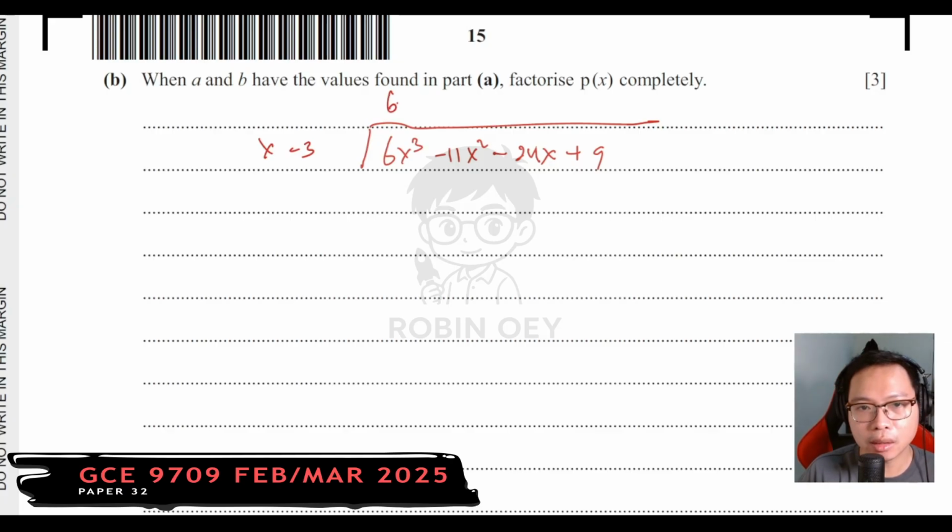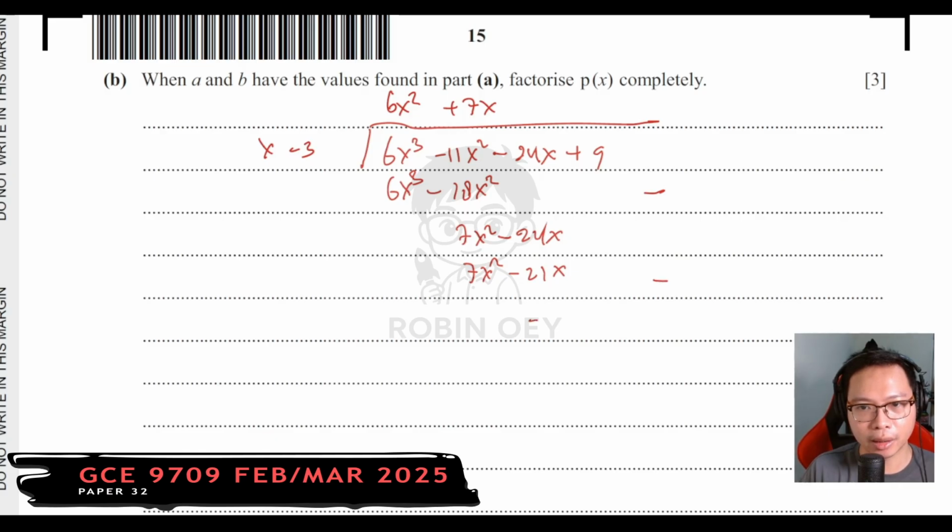So we need to find the quotient. First, 6x squared. So here we have 6x cubed minus 18x squared. Then we have 7x squared, minus 24x. I use plus 7x. So 7x squared minus 21x.